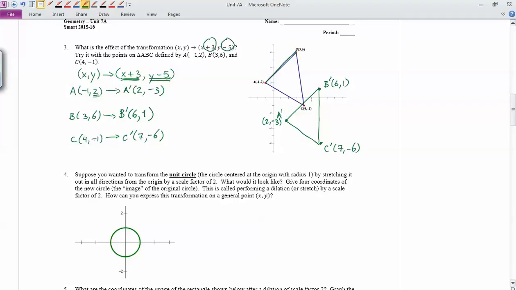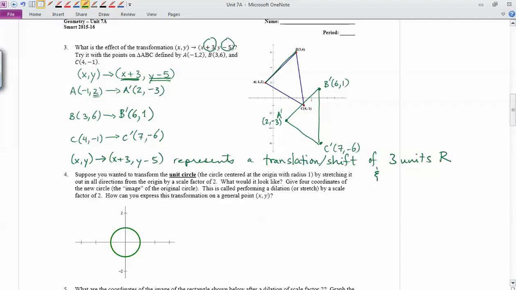So this right here, xy turns into x plus 3, y minus 5. That represents, and now the term for moving stuff around, just sliding things around, is translation. Translation or shift of 3 units to the right and 5 units down.